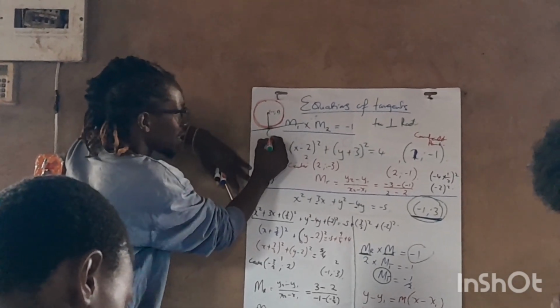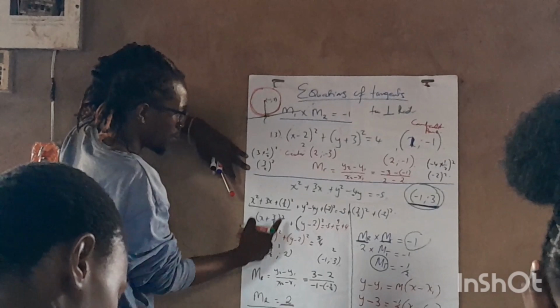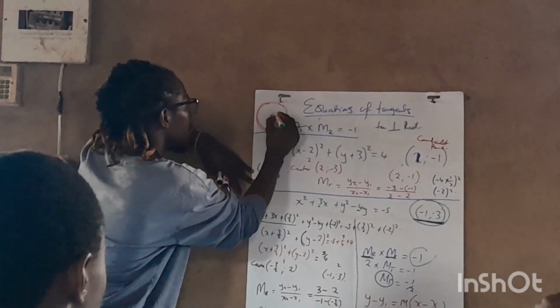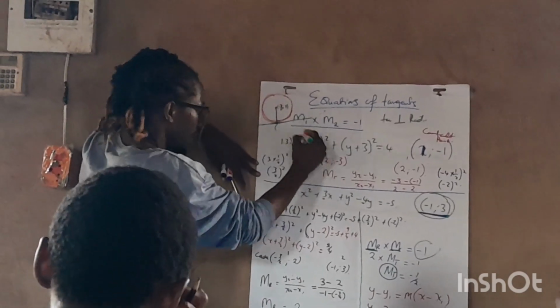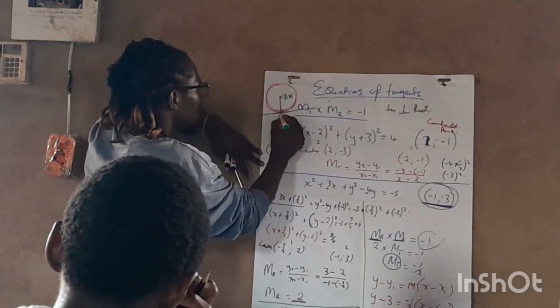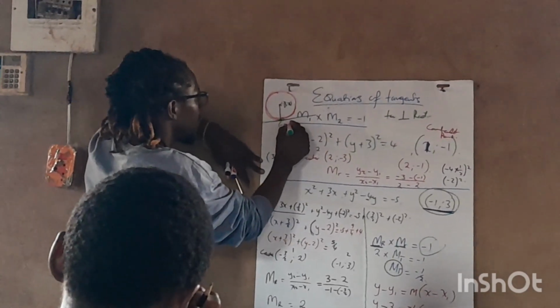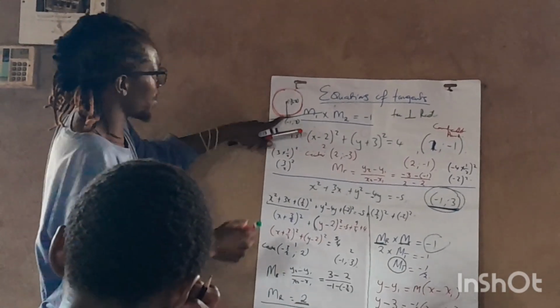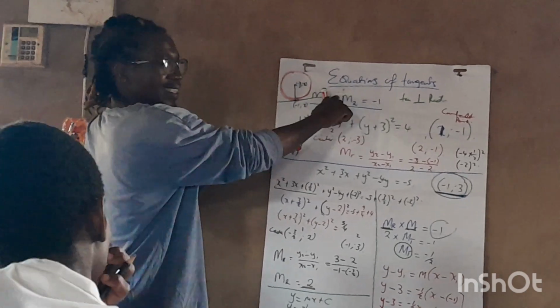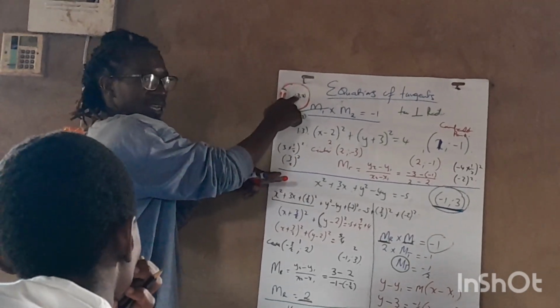And this point is what? The center is negative 3 over 2 and 2, right? And this is negative 1 and 3. Right? Can you see that? So it means that this point is not on this tangent, so we cannot include this point. Can you see that?